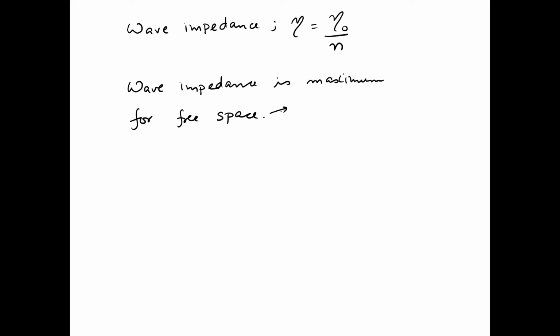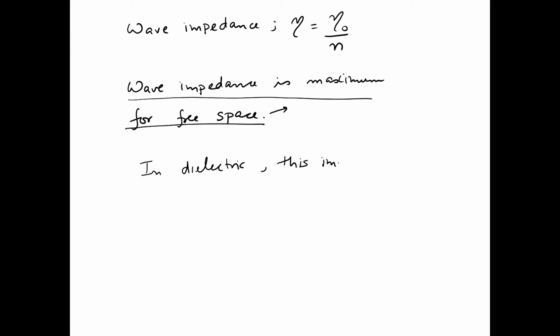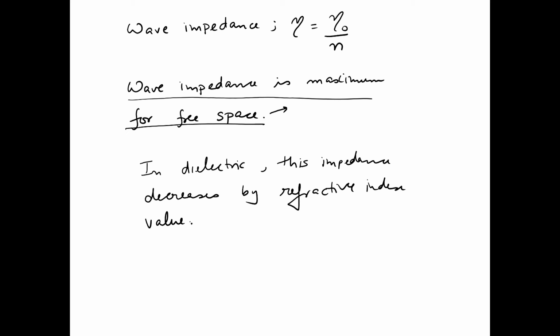Using this wave impedance, this concept will become very important at that stage. Wave impedance is going to be maximum for free space. In a dielectric, this impedance is going to decrease by the refractive index ratio. All right, this is what is happening for dielectrics which have no loss.